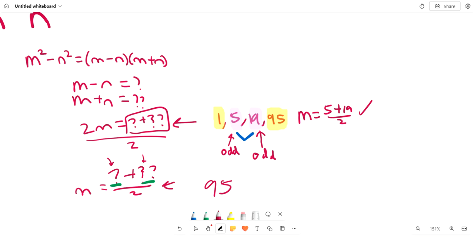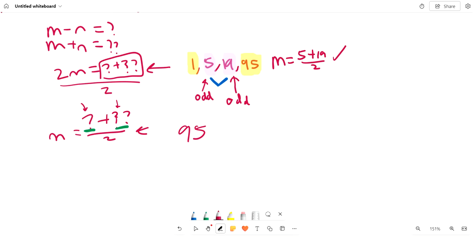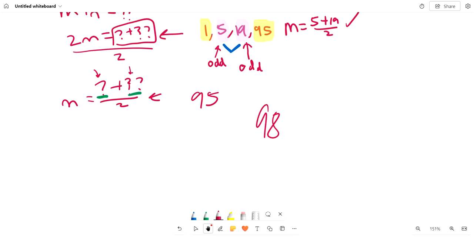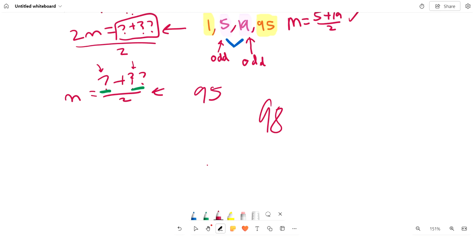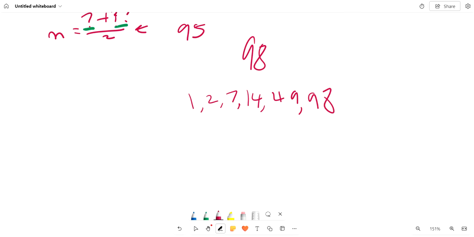And so that works. Now let's say we check 98. The factors are 1, 2, 7, 14, 49, and 98. So we have three pairs of factors now.